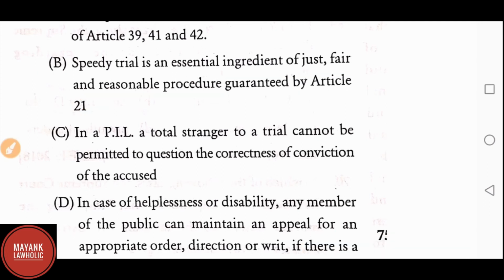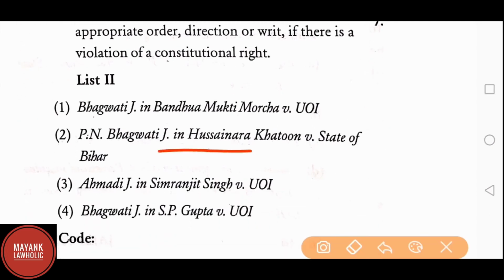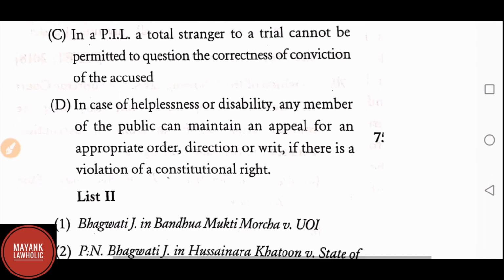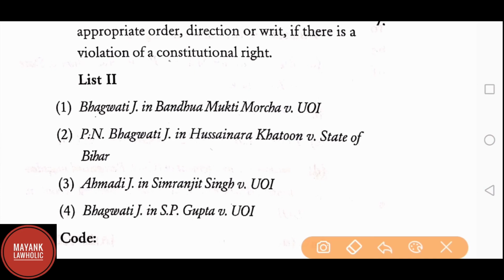This was held in the case of Hussainara Khatoon versus State of Bihar by Justice P. N. Bhagwati. In a PIL, a total stranger to a trial cannot be permitted to question the correctness of conviction of the accused. This was held in the case of Simranjit Singh versus Union of India by Justice Ahmadi.